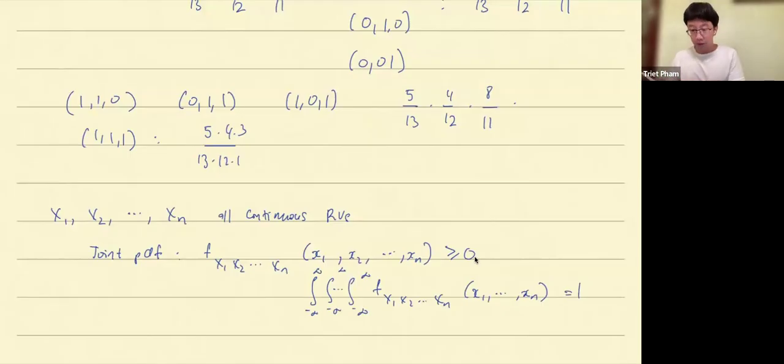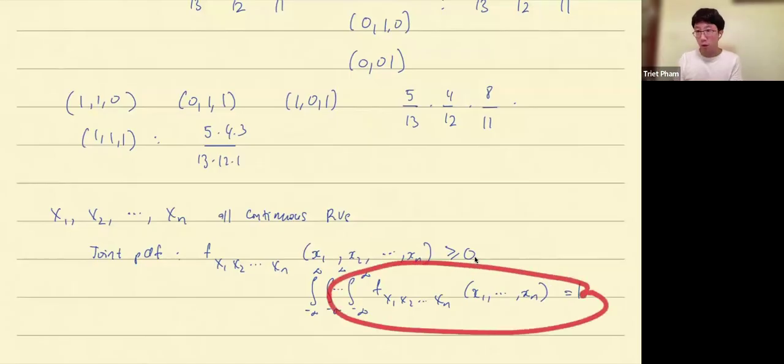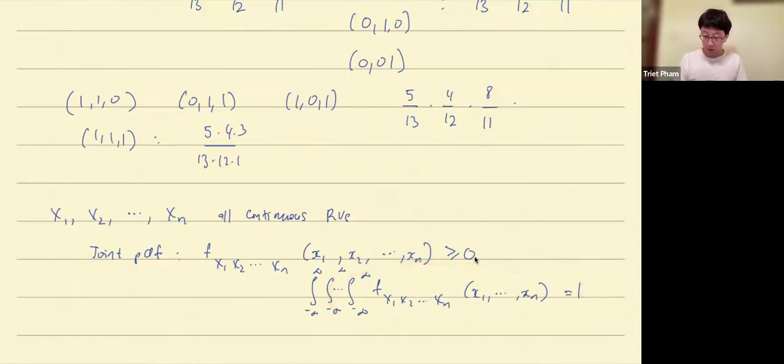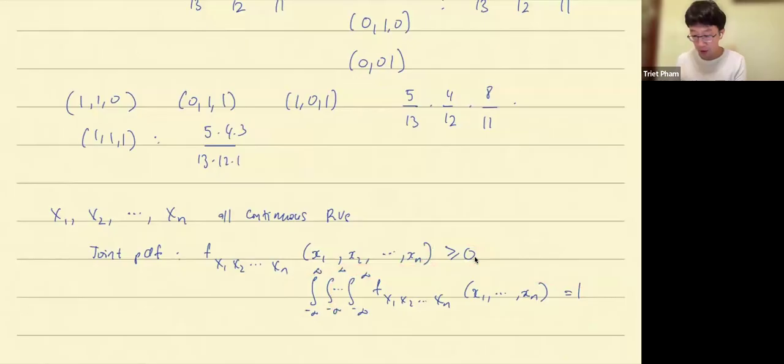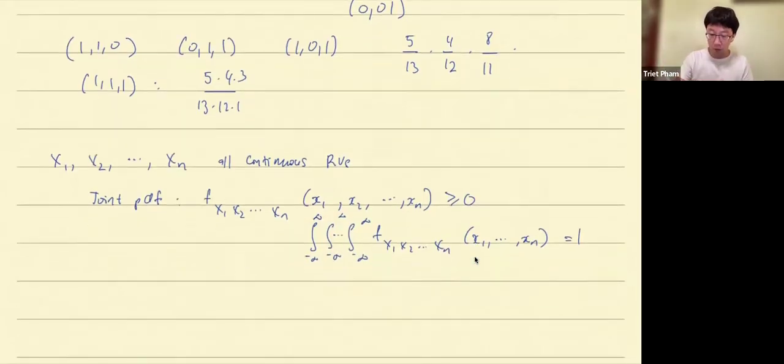So just like the regular PDF, where it has to be non-negative and integrate over the real line to be 1, here the joint PDF has to be non-negative and integrate over the R^n region to be 1. But in reality, of course, you just integrate over whichever relevant support there is.